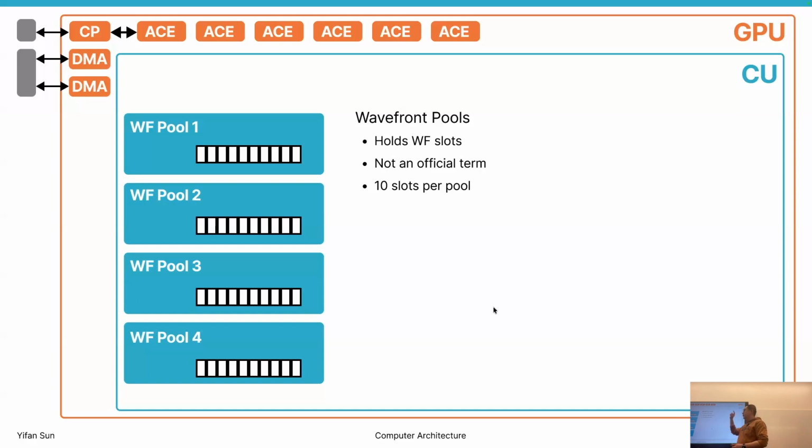In that case, we can run 10 blocks in this CU at the same time. If there's only 1 warp per block, we can run 40 blocks in this CU at the same time. The warps from a block can reside in different wavefront pools, and actually it's preferred.